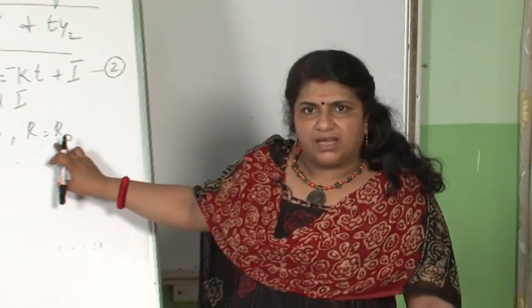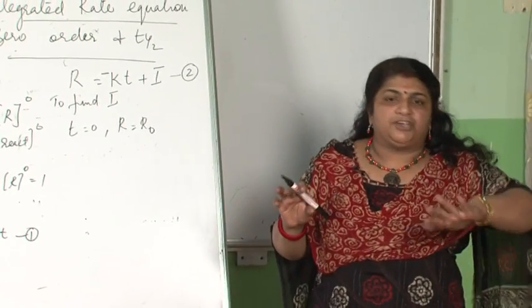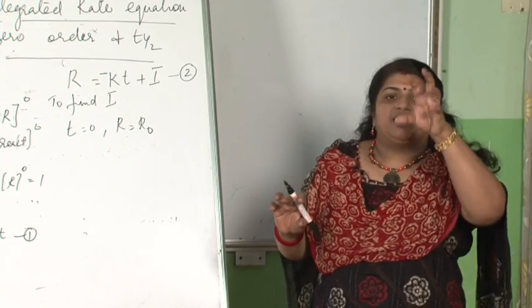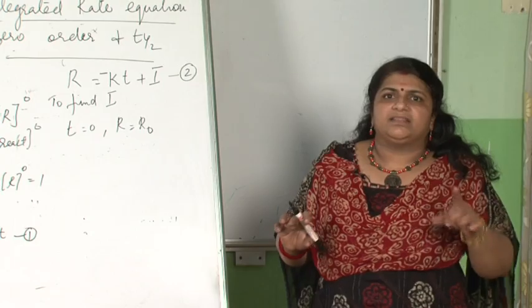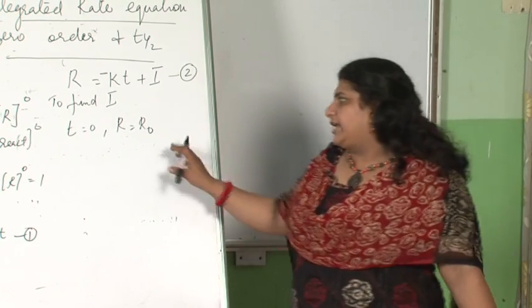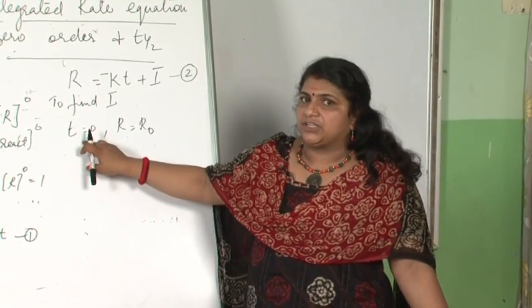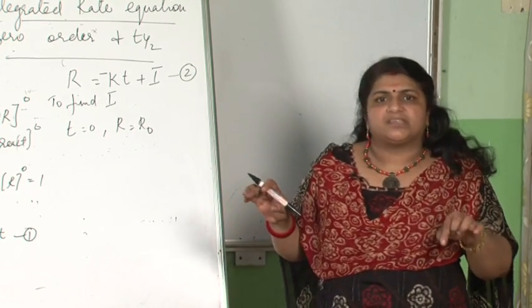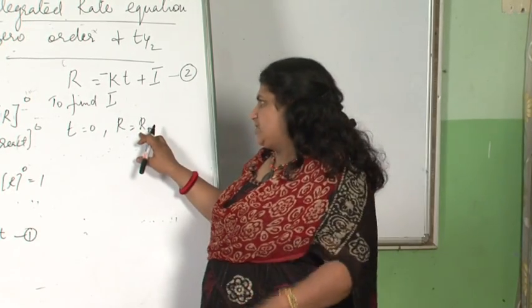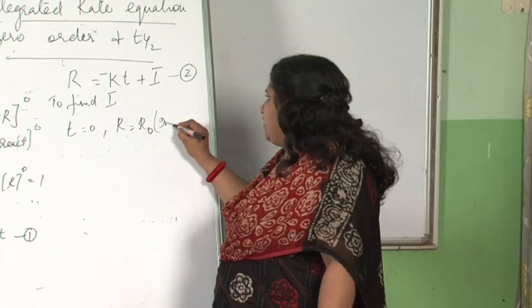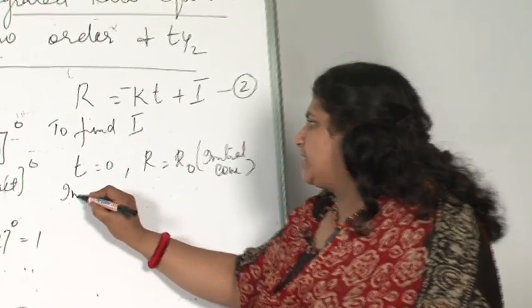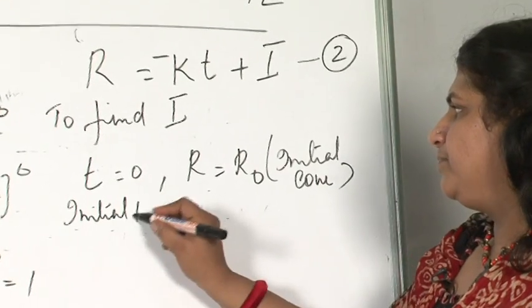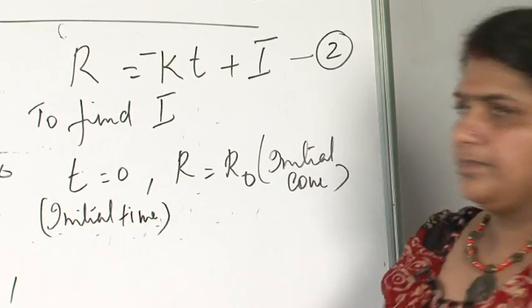Suppose at 10 o'clock we start the reaction with 100 gram of reactants, so R0 is 100 gram. Time 0 does not mean the time is actually 0, it is the time with which the reaction starts. This is the initial concentration, where R0 is the initial concentration, and this is the initial time.